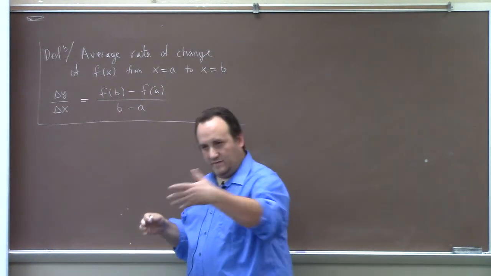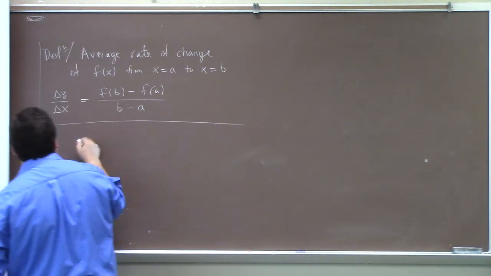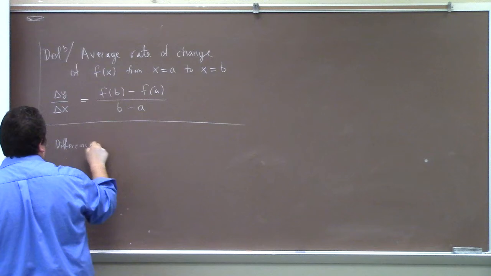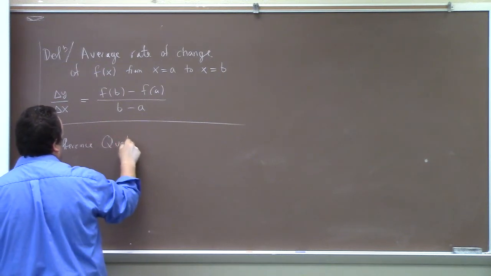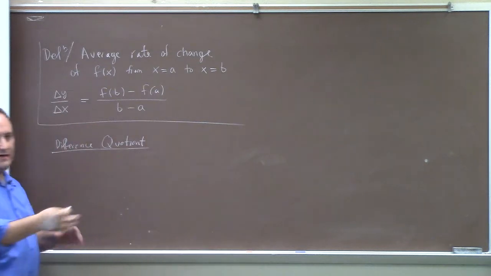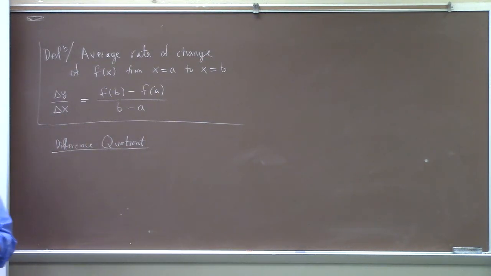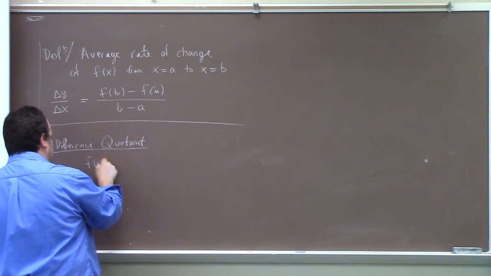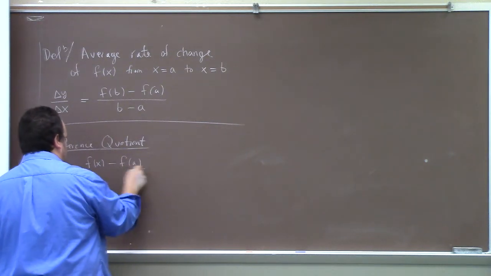Just to complete the thought, the other way you can do the difference quotient. I did the difference quotient for you guys last time using f of a minus f of a plus h, divided by h. But the other way to do it is like this: f of x minus f of a over x minus a.